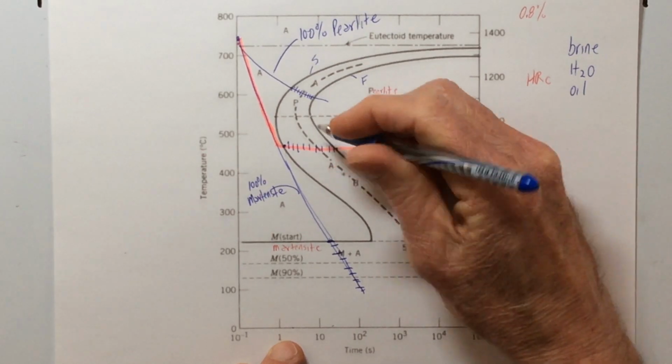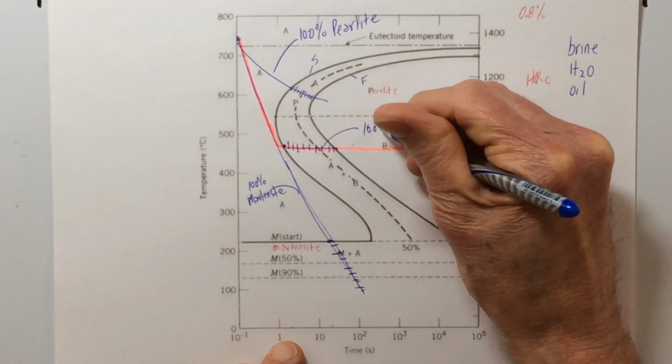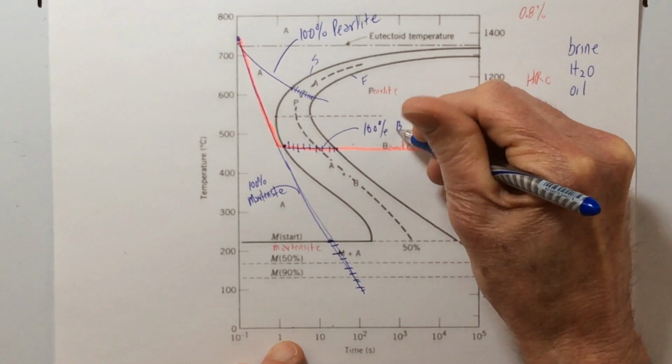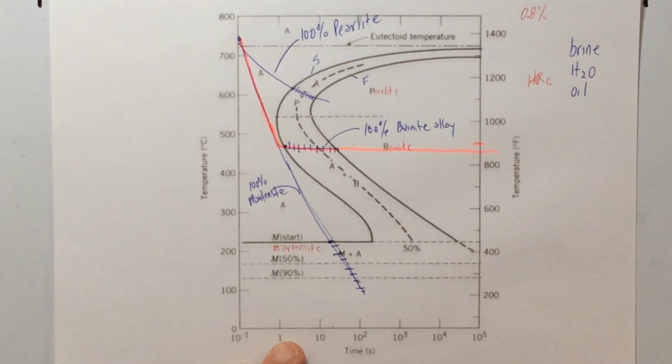So this curve right here would be a 100% Bainite alloy. All right. So that's something you could do. Then there's possibilities of something like this too. You can get mixtures. You can get hybrids.